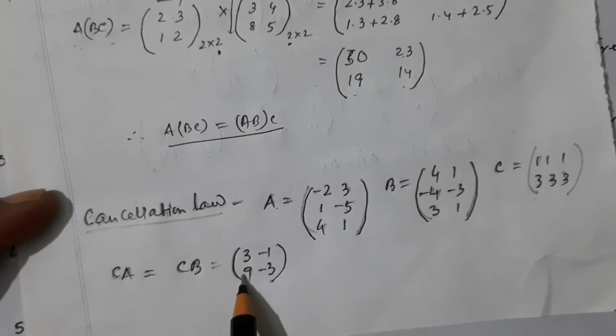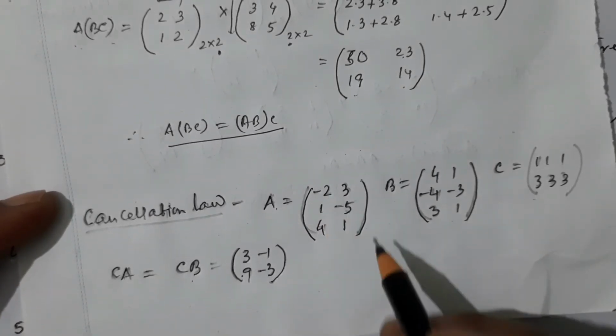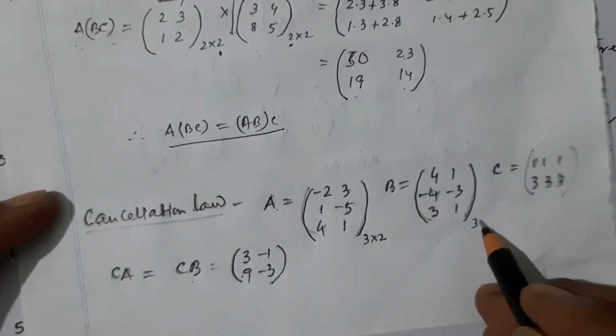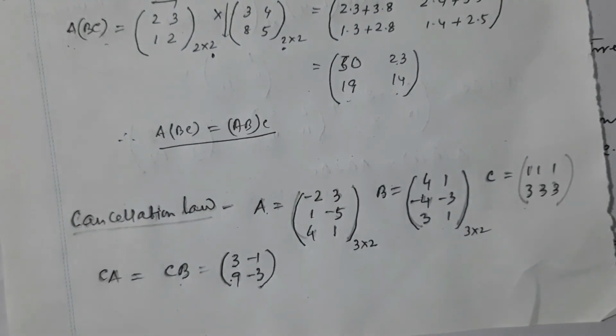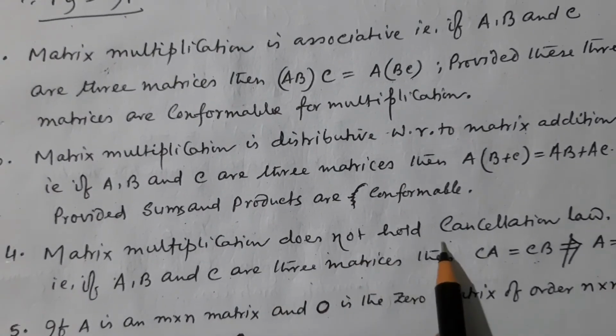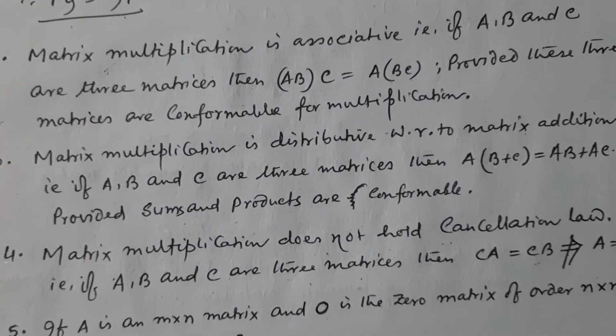So CA equals CB, but this does not imply A equals B. Here A is a matrix of 3 cross 2 and B is a matrix of 3 cross 2, but these two matrices are not equal. So matrix multiplication does not hold the cancellation law.